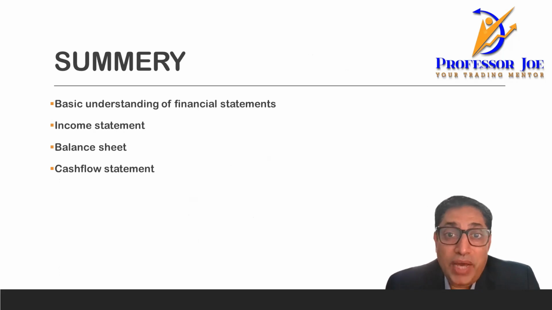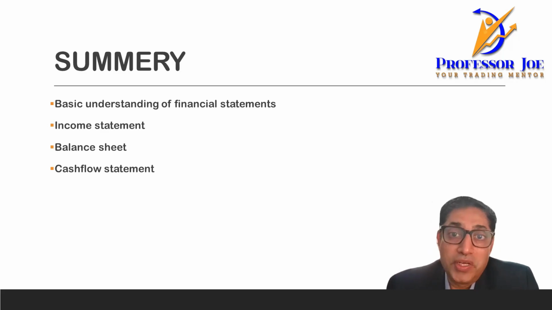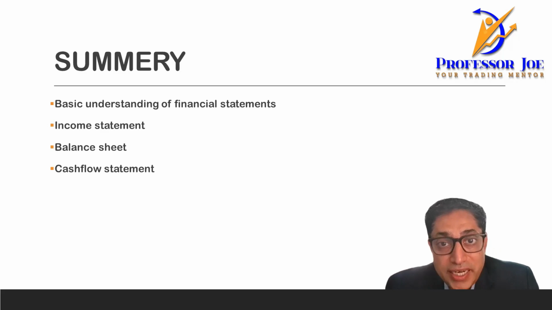The next is the balance sheet. How much money has been raised, how much equity is there, how much debt is there, how much they are using in fixed assets and in current assets. And the last statement is the cash flow statement: how a company is managing its cash flows, how much they are getting and how much they are spending.